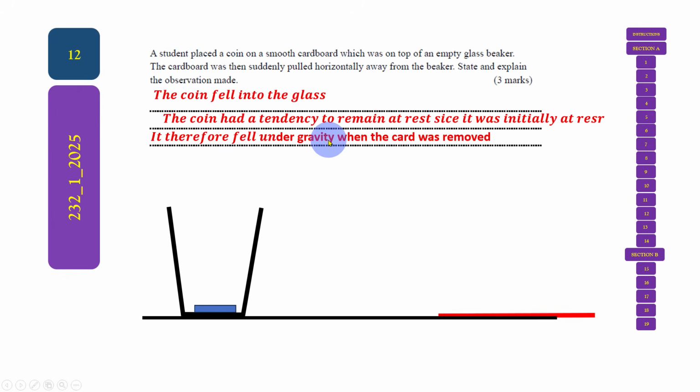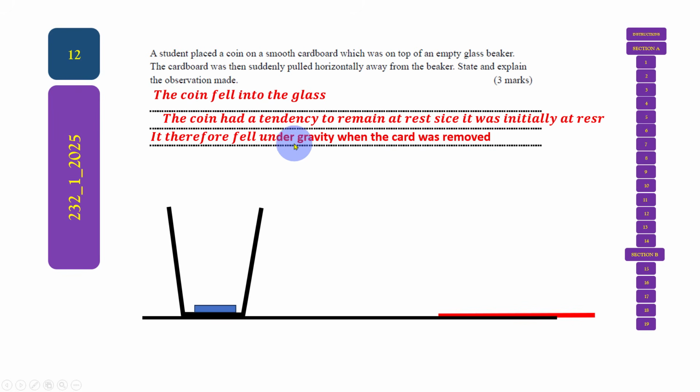For the explanation, you get 2 marks. The coin had a tendency to remain at rest, or you could say the coin had inertia, since it was initially at rest. It therefore fell under gravity when the card was removed.